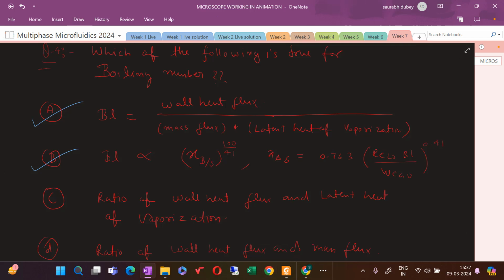So all the calculation about the transition from bubble to sludge, and what it depends on: from here you see that the transition from bubble to sludge depends on the Weber number and the boiling number.